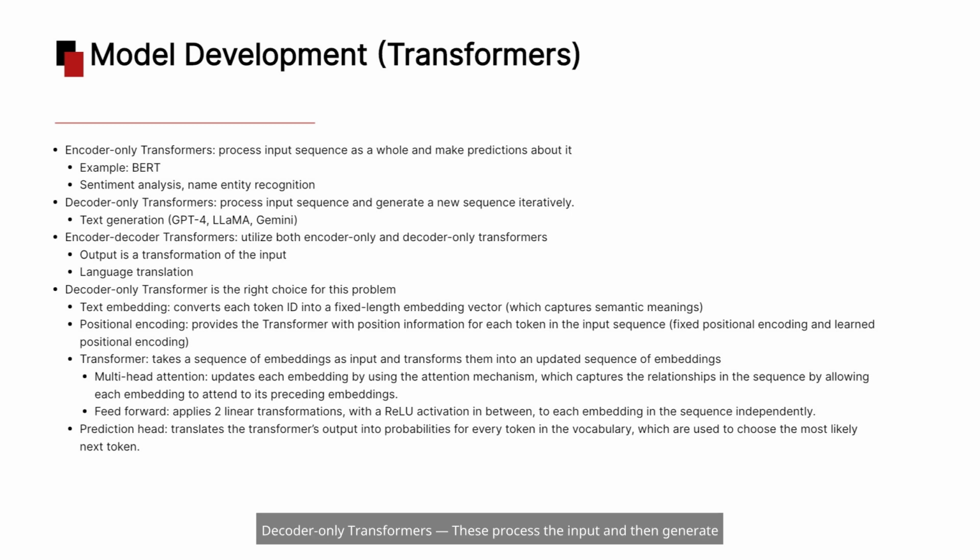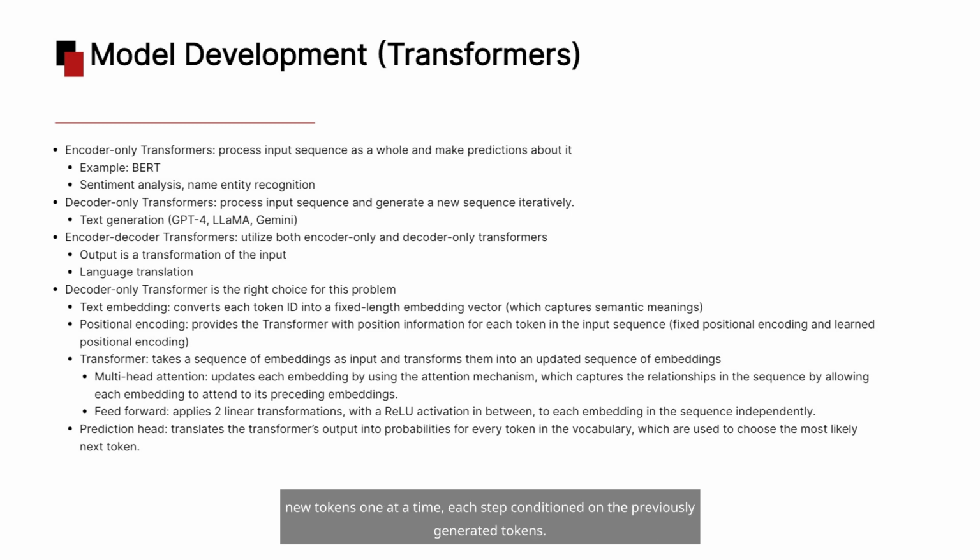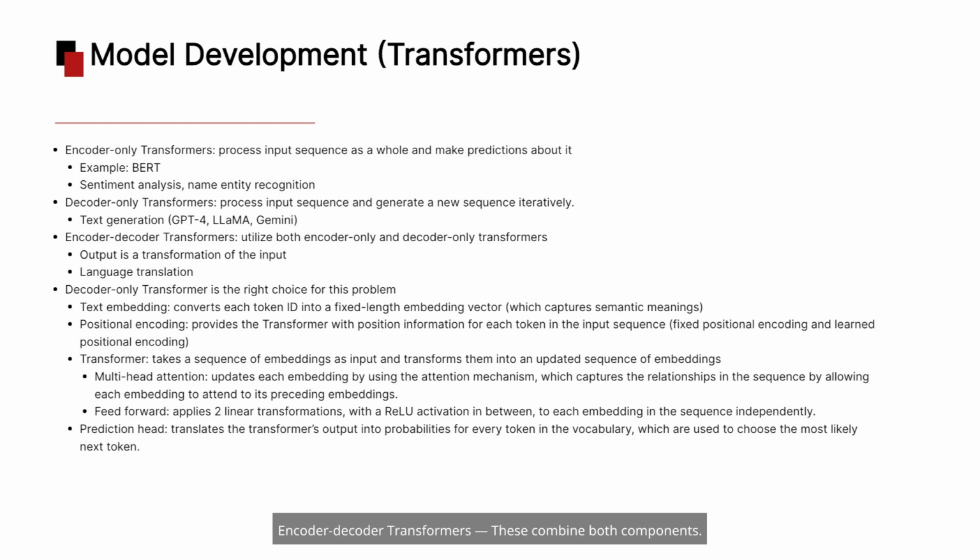Decoder-only transformers process the input and then generate new tokens one at a time, each step conditioned on the previously generated tokens. Models like GPT-4, LLaMA, and Gemini follow this structure, which is perfect for text generation tasks. Exactly what Smart Compose needs. Encoder-decoder transformers combine both components.